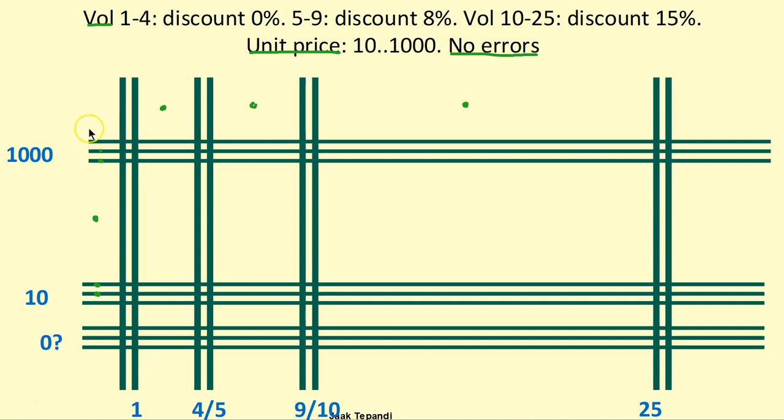For the boundaries, we have the boundaries 1, 4, 5, 9, 10, and 25. So altogether we have 5 boundaries and the boundary values and equivalence classes for the unit price, and 1, 2, 3, 6, 9 equivalence classes and boundary values for the volume.